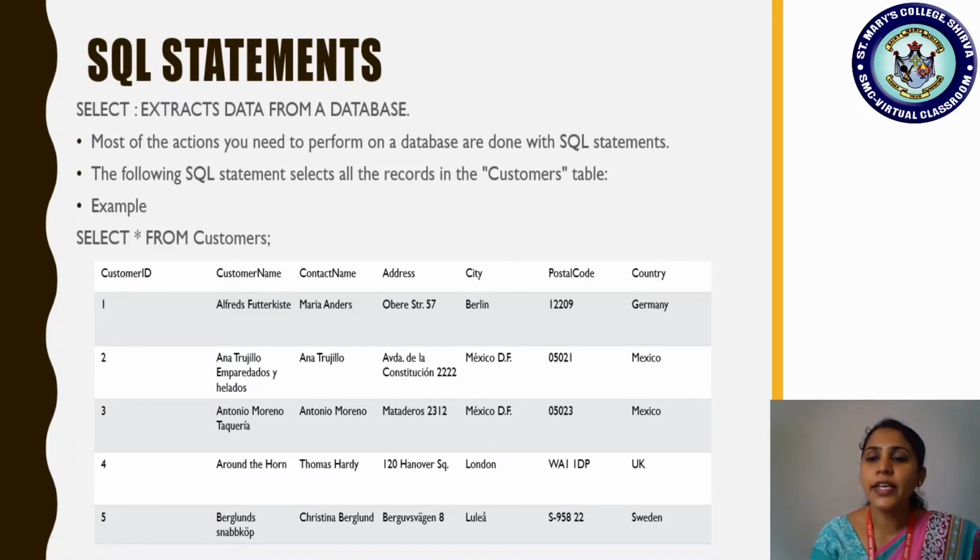So do you find any rows with the value Mexico here? Yes, you have the second one and the third one with the Mexico value, right? Yes, this one. The second one and the third one you are finding with the Mexico value. So the output of that particular query will be this second and third row; only these two rows will be displayed.